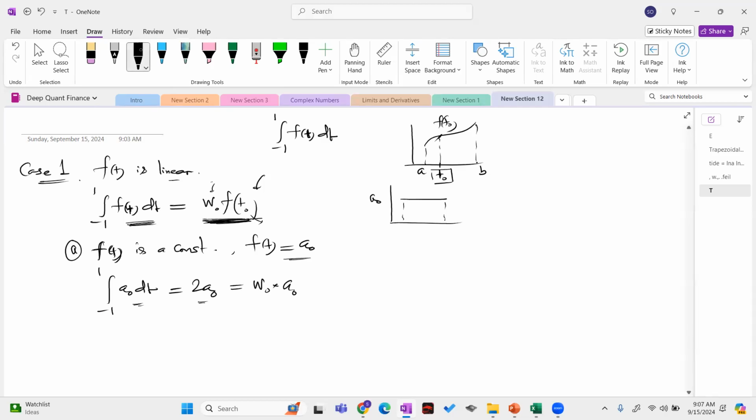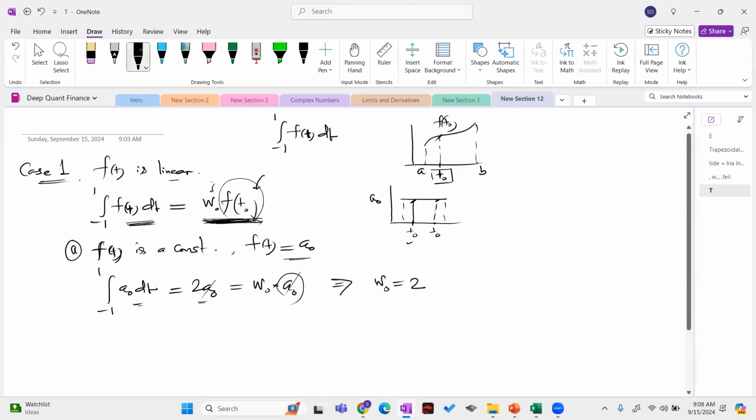This must match my specification, which is w0 times ft0. F is a constant function, so no matter where you choose t0, here or here, the value of the function is always a0, right? So ft0 is a0 times w0. Okay, this is my first equation. Actually, my first equation is a0, a0 get cancelled.